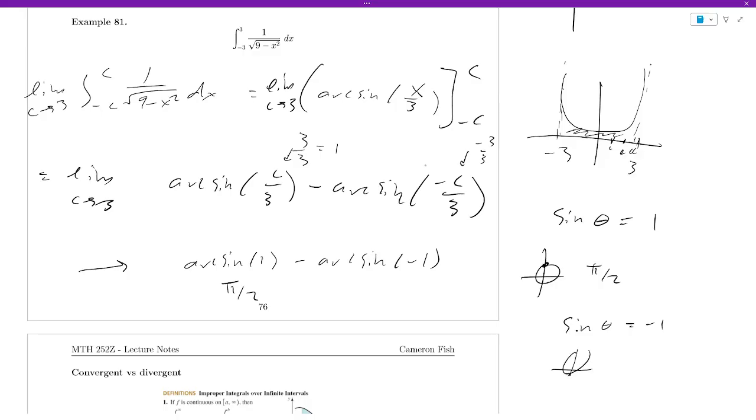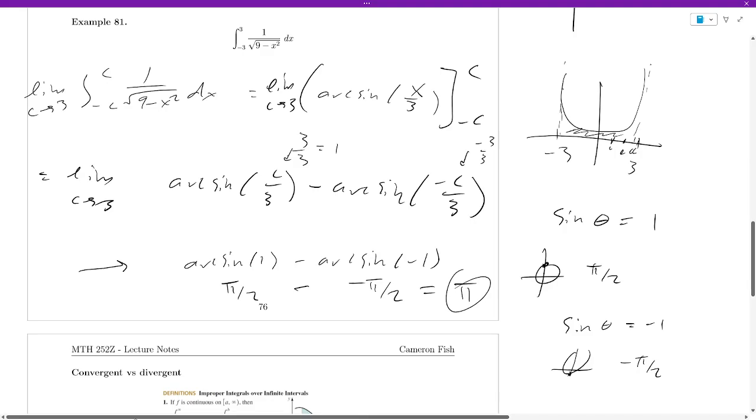Same story, right? I got to be down here. I'm going to need negative pi over 2. So I'll have pi over 2 minus negative pi over 2, which is pi over 2 plus pi over 2, which is pi. Nice. So this one ends up being pi, even though the graph is this weird thing with asymptotes where it's not super obvious that you'd get a finite number.